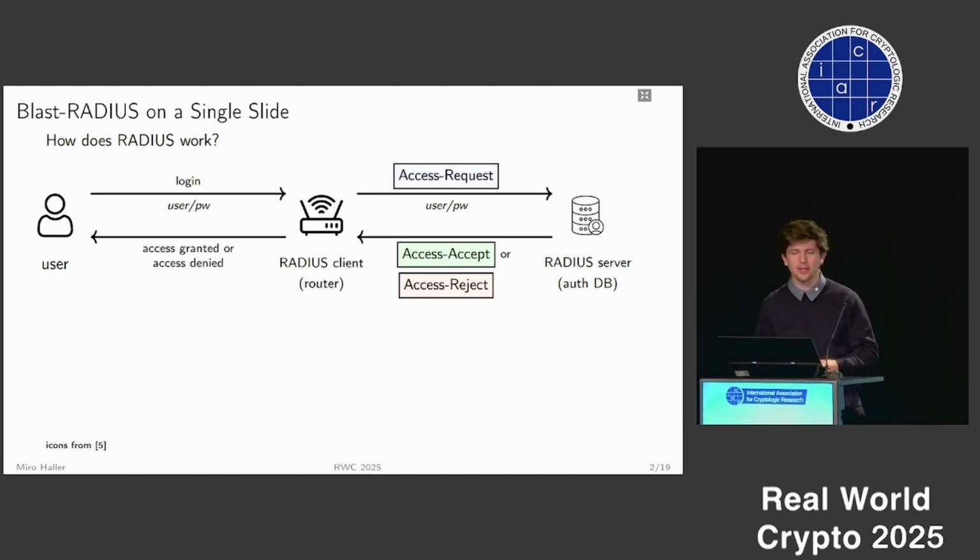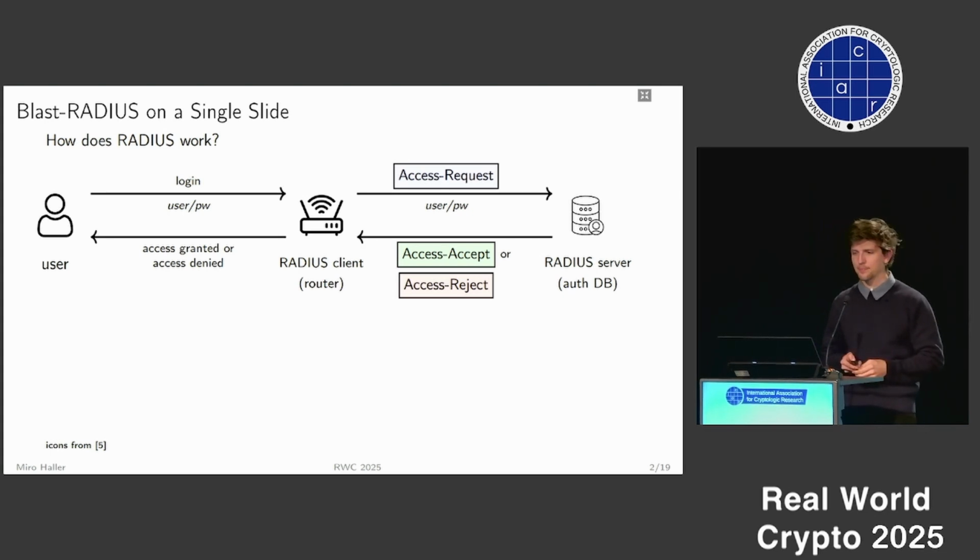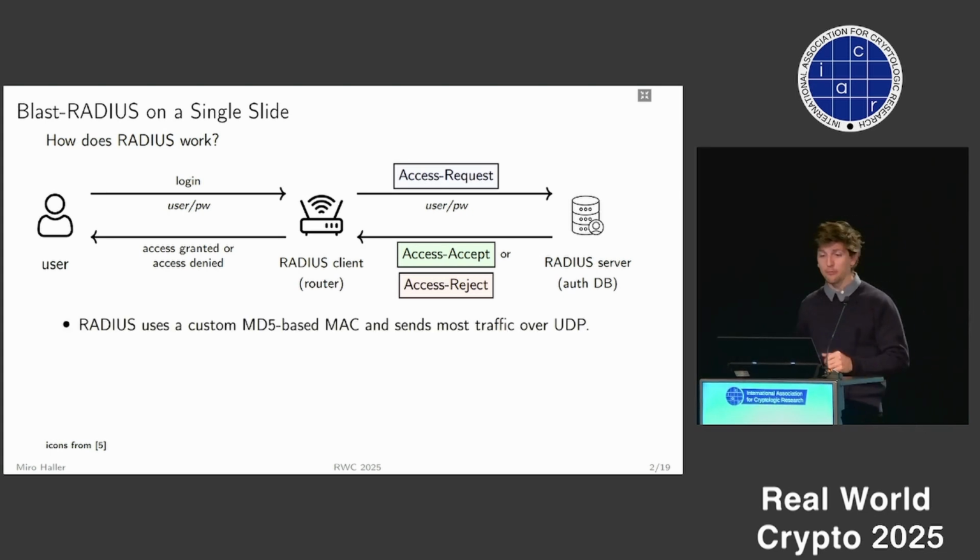And based on that, the router then grants the user access or not. This is really hard to believe, but Radius is actually using a custom MD5-based MAC to authenticate packets, and it's also sending most of its packets over UDP, in many cases even over the public internet.